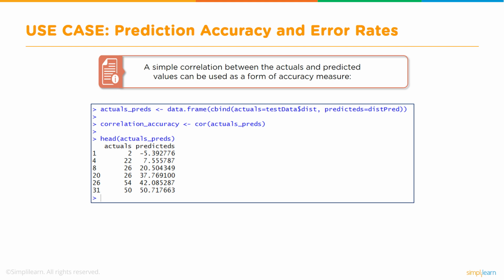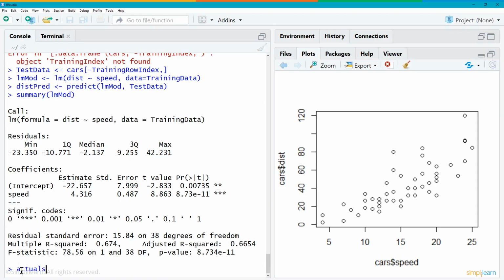So we took a look at the model we created, and now we need to take our predictions and just see how accurate it is on the data that we didn't use to program the linear model. So let's create a variable called actuals_predicts and assign it a data frame. This is how we create a data frame, is we just assign data.frame, and we'll do a cbind. And in our cbind, we're going to take our data and we're going to create a column called actuals.